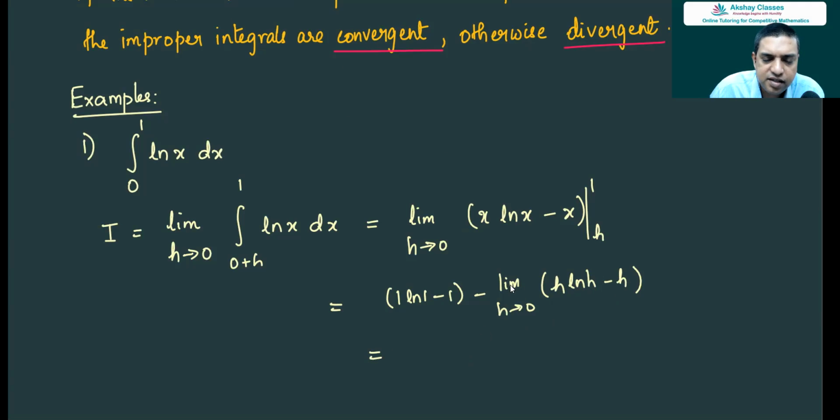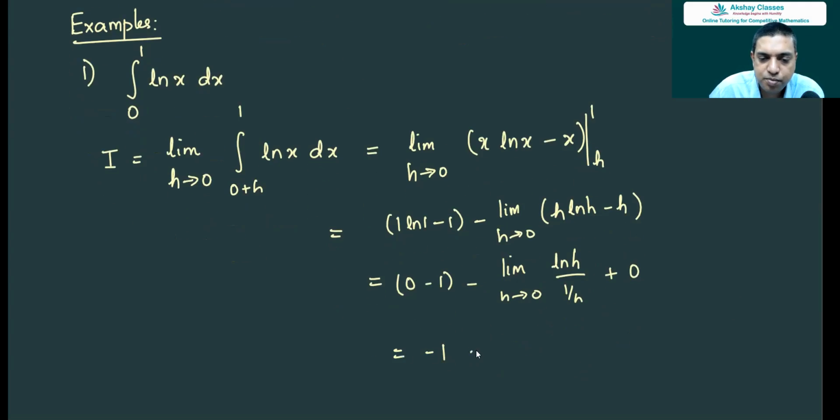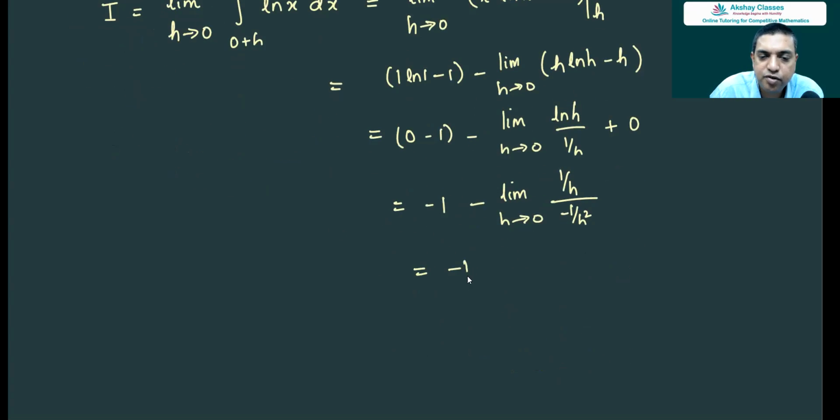Earlier we did this as limit x tends to 0 plus, and we evaluated it. So this is 0 minus 1. We apply L'Hospital's rule for log h by 1 by h, and the second term tends to 0. By L'Hospital's rule, we get 1 upon h as the derivative of the numerator and minus 1 upon h square as the derivative of the denominator, and the limit is 0.